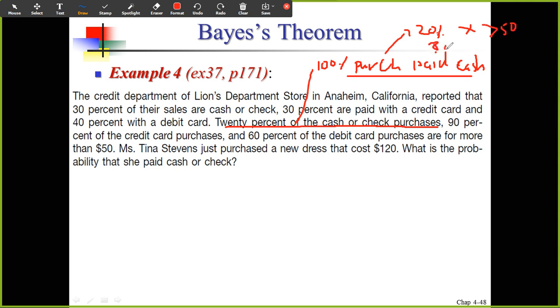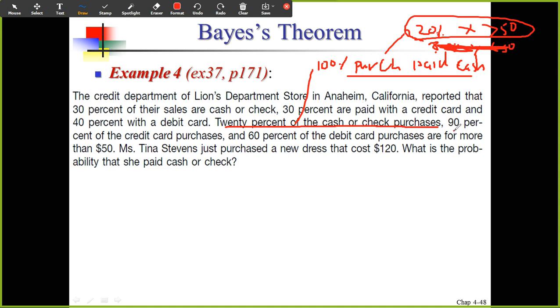How about the other 80%? 80% spend less than $50. We are interested in more than $50, so less than $50, no, we are not interested. So we care about the customers who paid by cash and bought our product for more than $50.